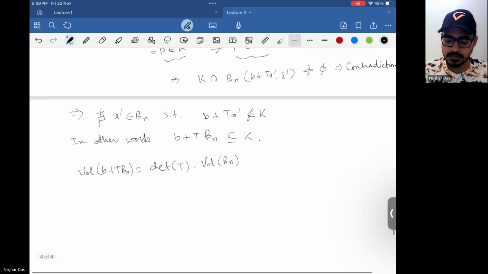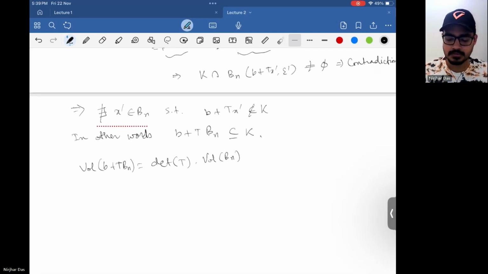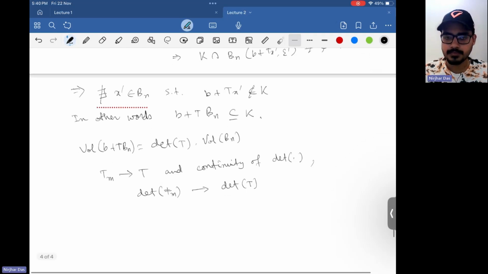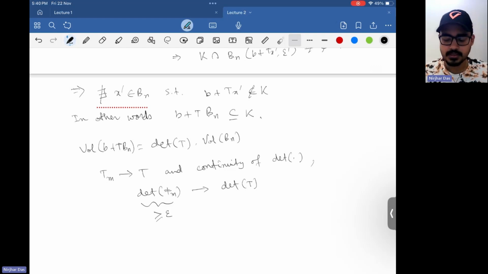And determinant is a continuous map. So by the fact that Tm converges to T and continuity of the determinant function, we have that determinant of Tm will converge to determinant of T. And note that all of these are at least epsilon power n.